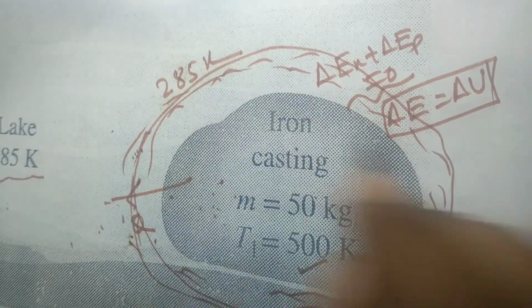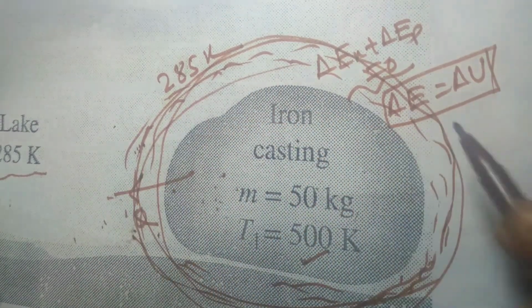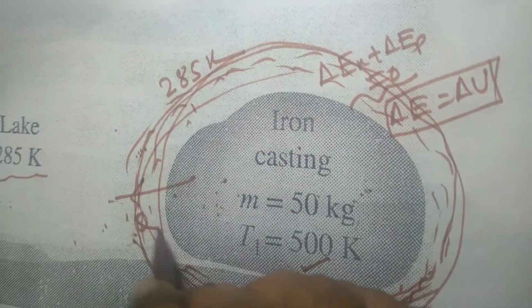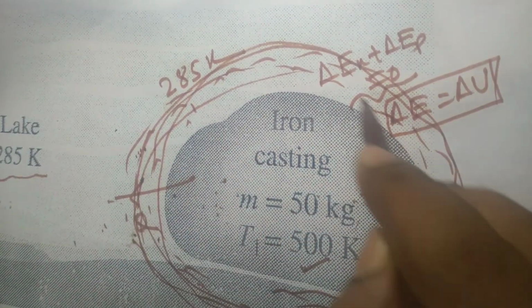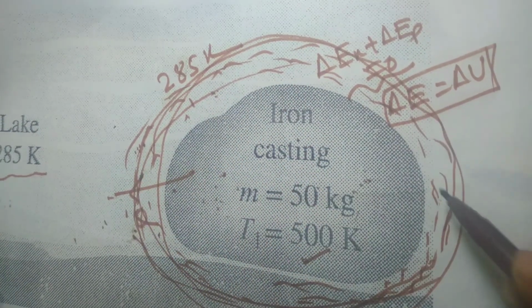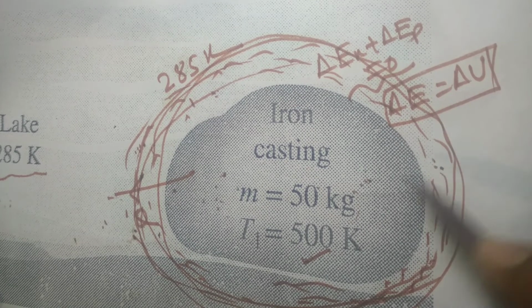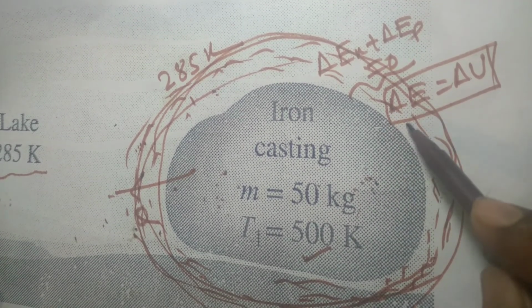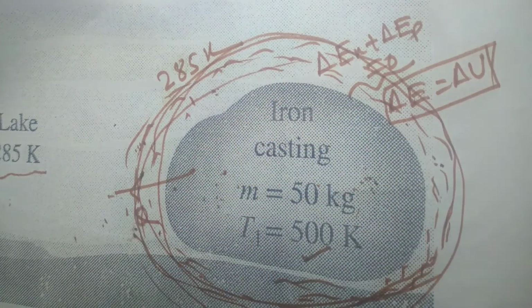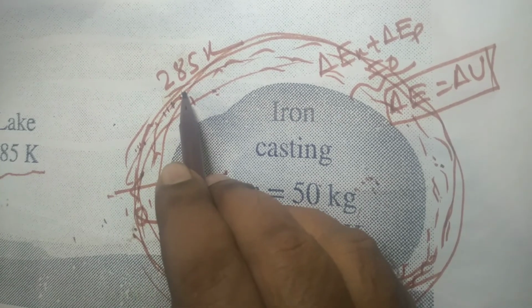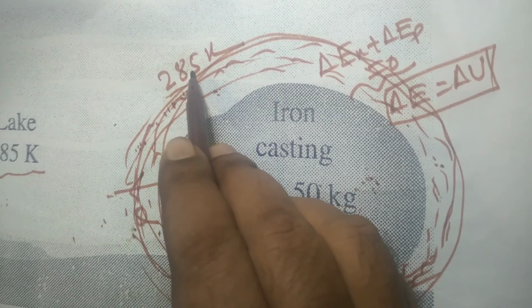This total extended system will be taken into consideration rather than the iron casting only, and the region outside the iron block will be called the buffer zone. The entropy change of this buffer zone is neglected with respect to the entropy change of the iron casting, and we can apply the entropy balance equation for this extended system, and the boundary temperature for analysis will always be taken to be 285 Kelvin.